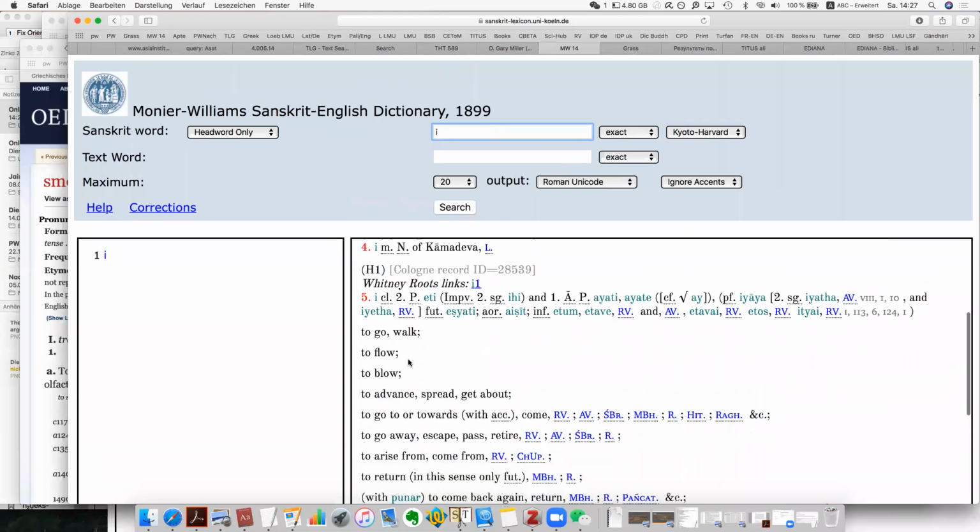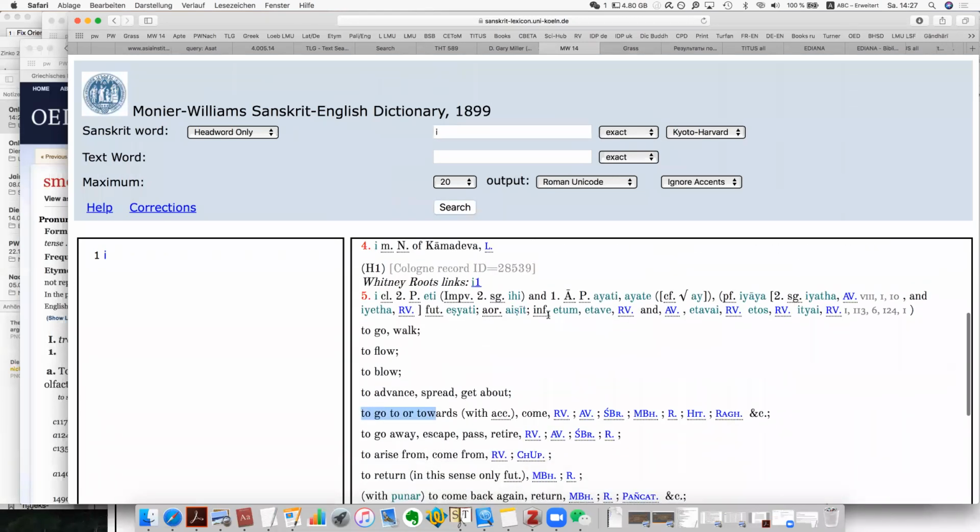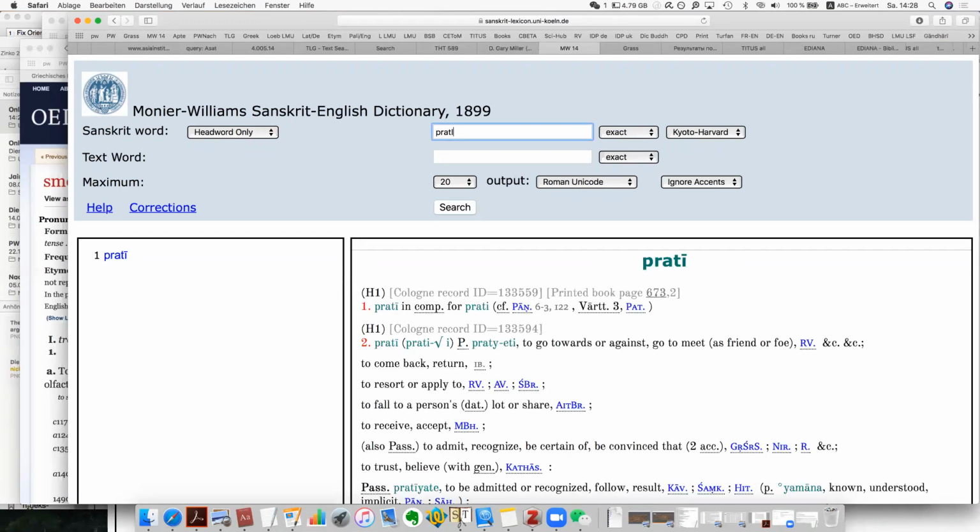You all know that E means go, walk, advance, this is pretty sure. But what is the meaning of prati? Prati, pra plus E. Prati actually means to come back.